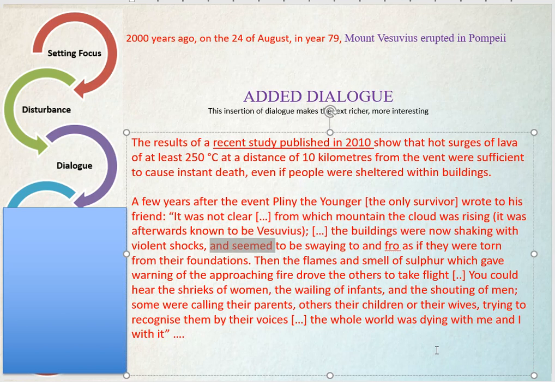Then the flames and smell of sulfur, which gave warning of the approaching fire, drove the others to take flight. You could hear the shrieks of women, the wailing of infants, and the shouting of men. Some were calling their parents, others their children or wives, trying to recognize them by their voices. The whole world was dying with me, and I with it.